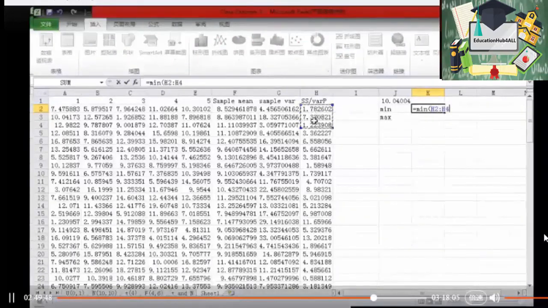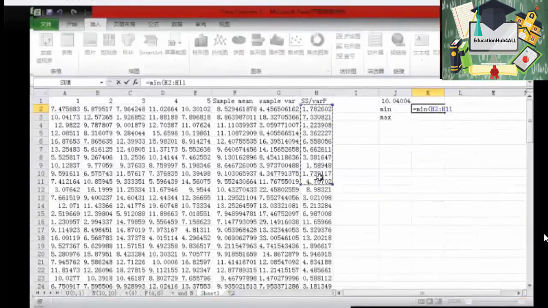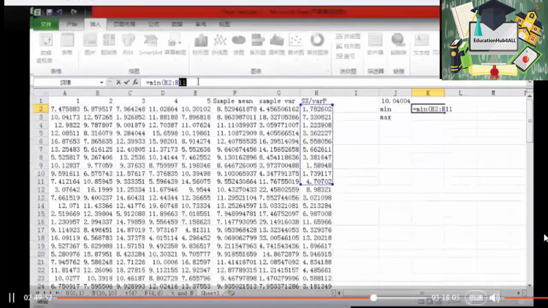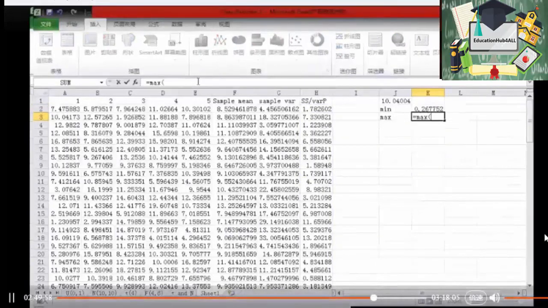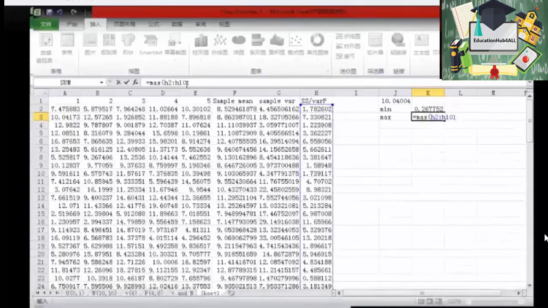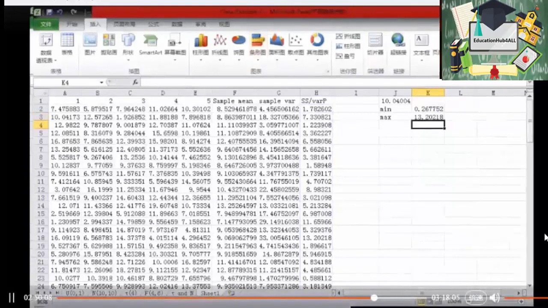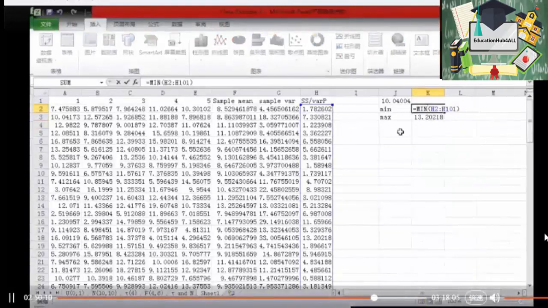Then find what your maximum value is. What value do you have?